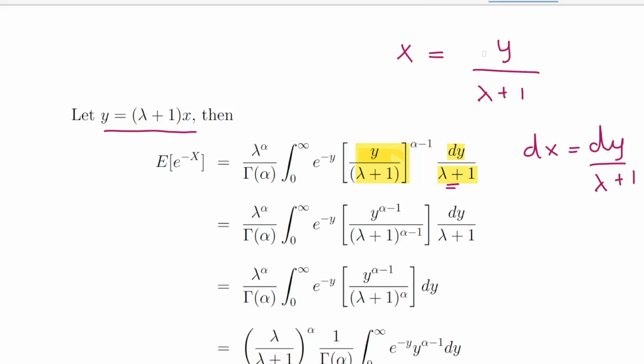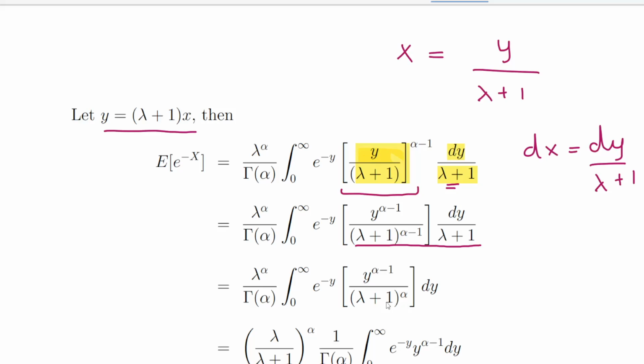So essentially what we can do is start to unpack this and re-express it as y to the power of alpha minus 1 divided by lambda plus 1 to the power of alpha minus 1. Now you can see that these two parts can be bundled up together, so we can re-express the whole thing as y to the power of alpha minus 1 divided by lambda plus 1 to the power of alpha. Now essentially that is not an expression in either x or y.